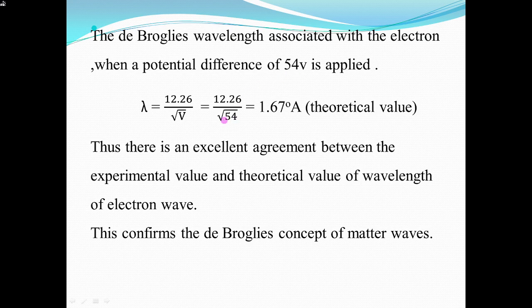So 12.26 by root 54 gives 1.67 angstroms. This is the theoretical value. The experimental value is 1.65 and the theoretical value is 1.67, so there is very good agreement between them.